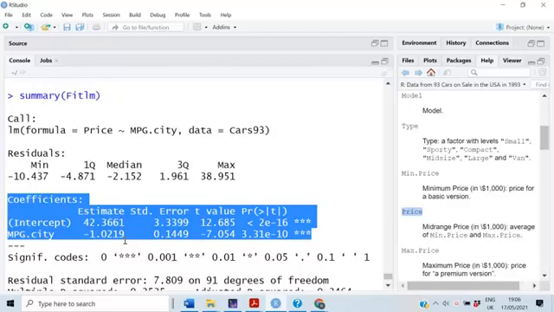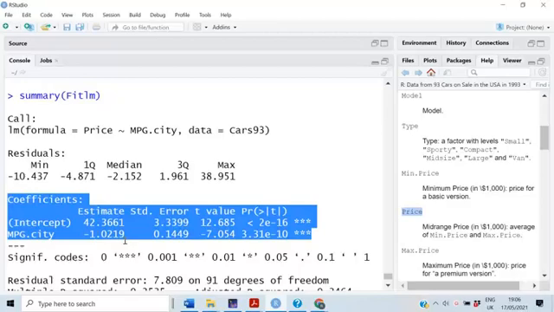So the beta naught, once again, is the price of the car if the car does not use any fuel. In other words, if the miles per gallon for intra-city driving is zero, then the average price should be like 42,370.